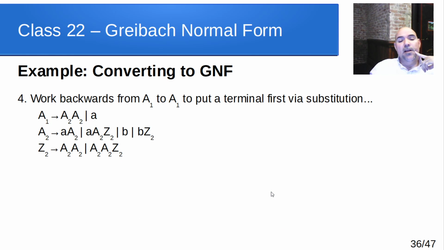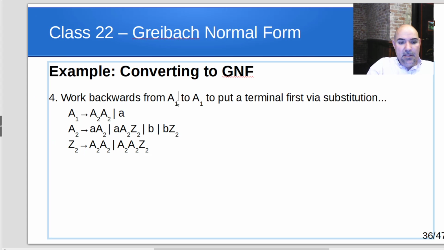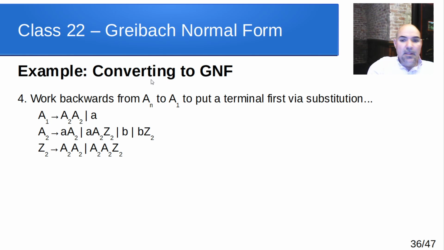So step 4, remember we work backwards from A, and here there's a typo. This needs to be A, N to A1. And we make sure that if it starts with a variable, we're going to do a substitution and plug things in to make sure we get a terminal first.